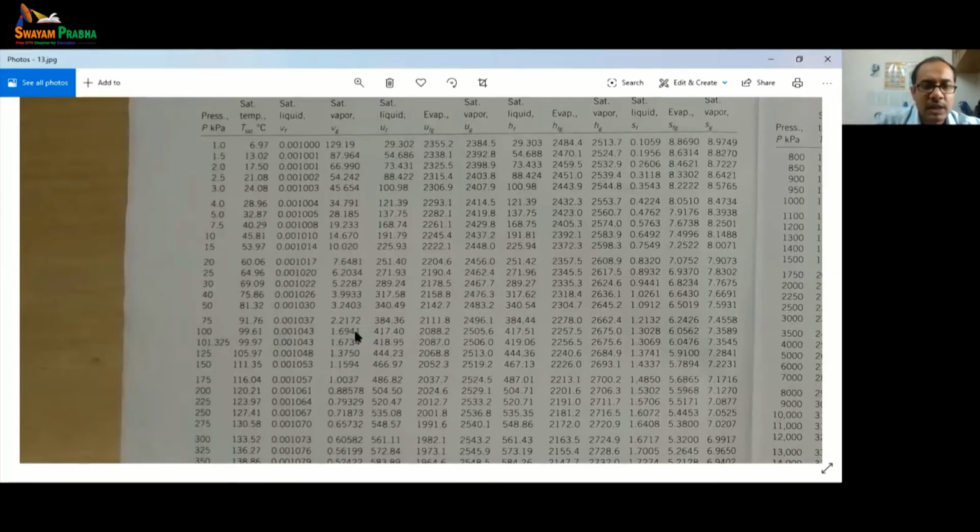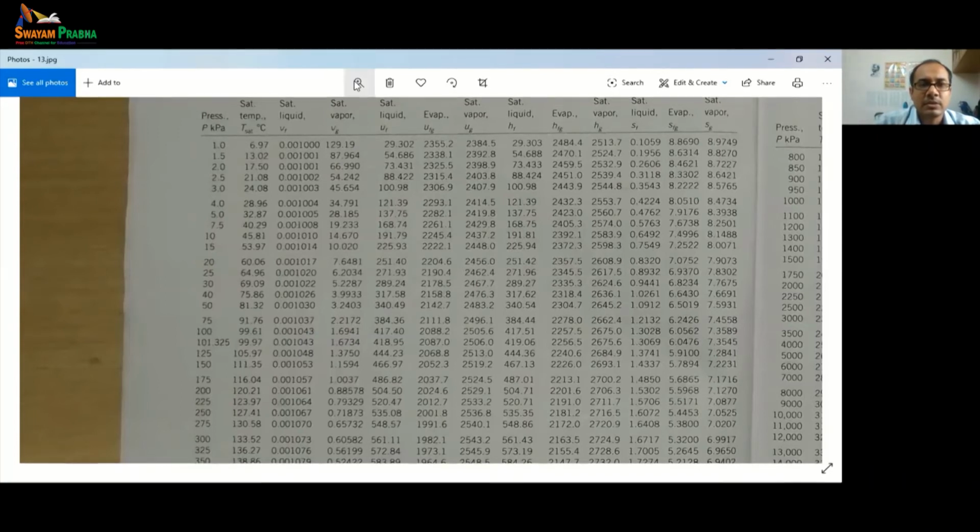So you see that V3, the specific volume at state 3 that you obtained, is lying between these two values. It's 0.88, so it is lying between the liquid volume and the vapor volume. So basically you can see from here itself that state 3 will be a mixture of liquid and vapor.